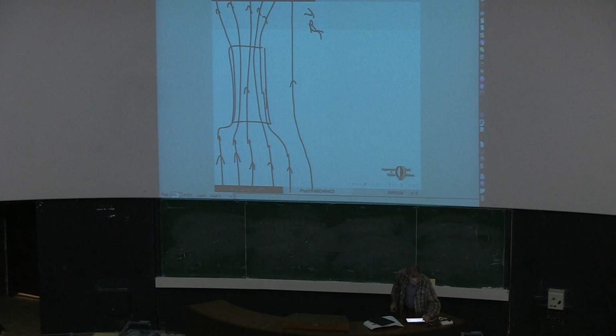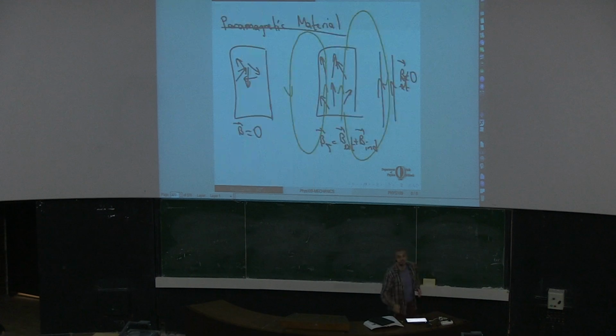Now, what happened here is we had this paramagnetic material, which are materials made up of atoms or molecules which have a net magnetic dipole moment. Since they have a net magnetic dipole moment, in the presence of an external magnetic field, they will try to align themselves in the direction of the magnetic field.